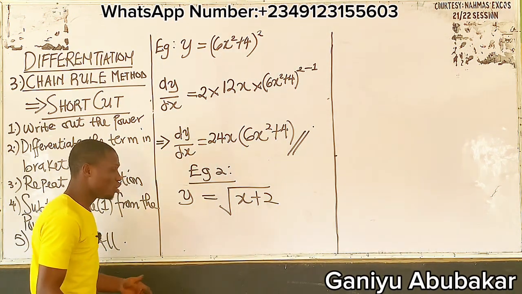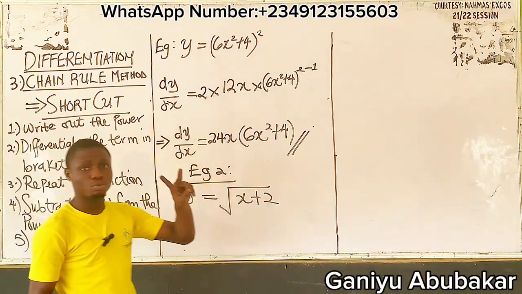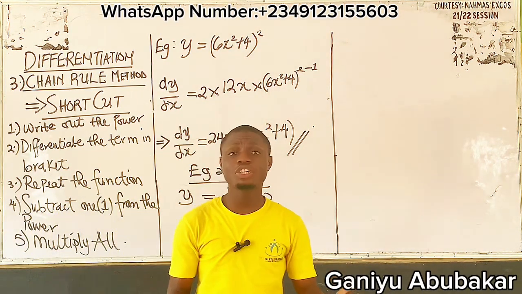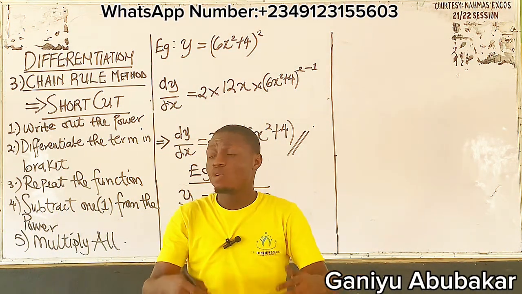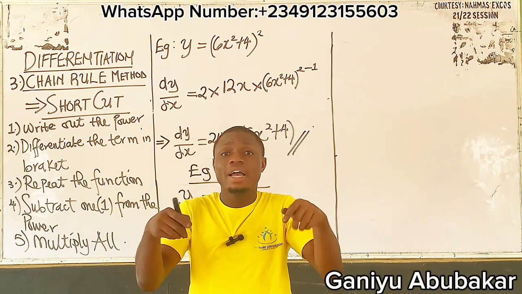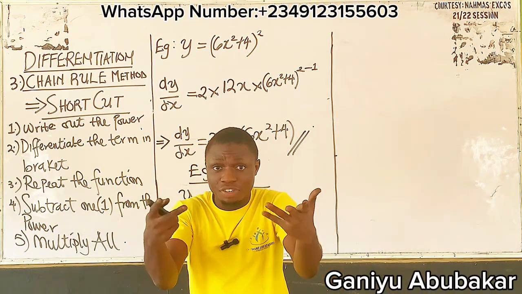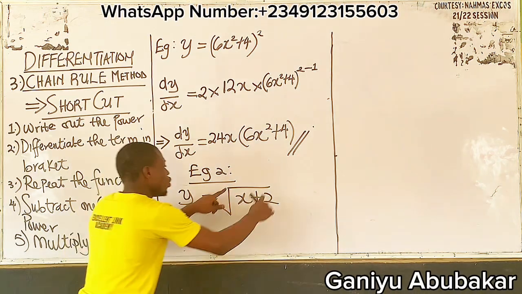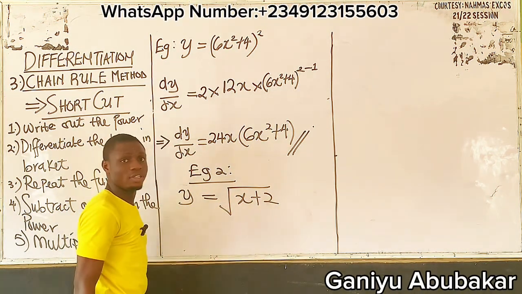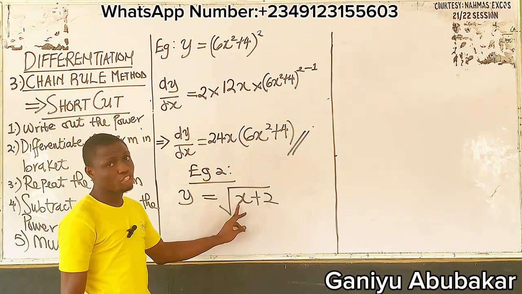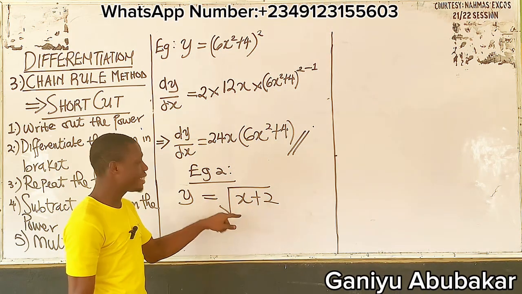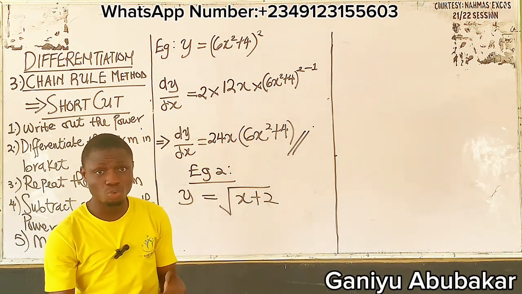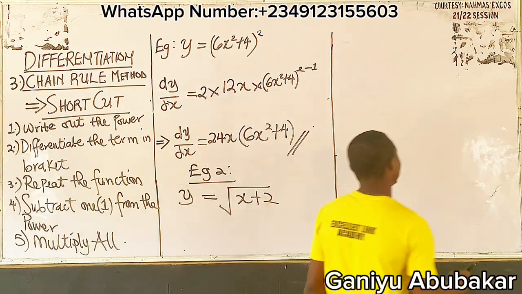We said when it comes to chain rule, I will have two terms adding or subtracting such that they are both raised to a power, an index or degree. In this case, this is not to the power of anything, so this is not chain rule, but I can still express this in terms of chain rule. How? Go back to your indices.